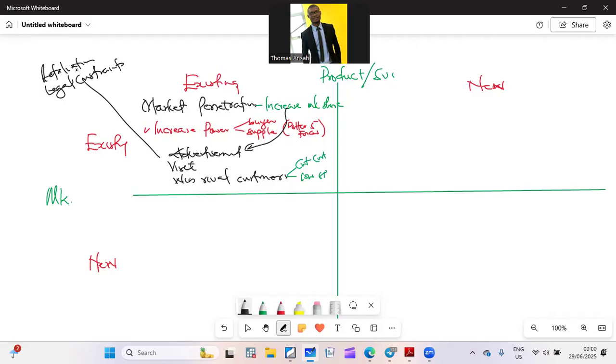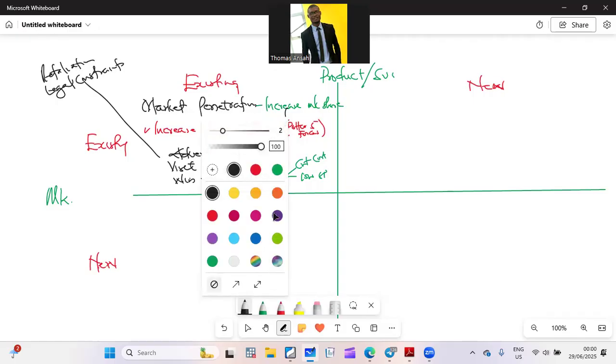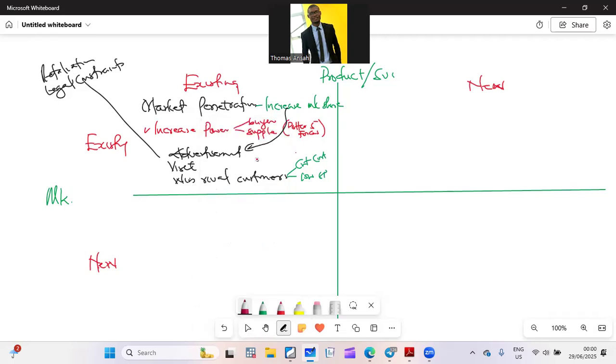So at this point, if you feel the reverse is against you and you are not able to do it, you can decide to retrench, that is, sell out. We call it retrenchment. When the retaliations and everything are against you, just leave the market.